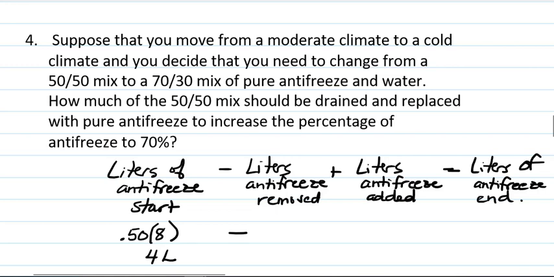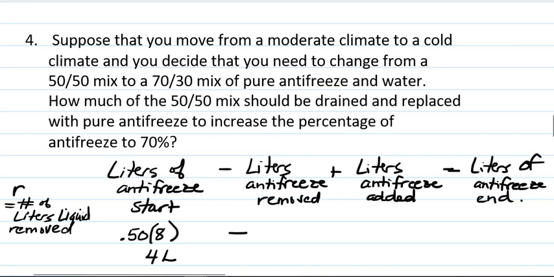We don't know how much that is, but I'm going to pick a variable to represent the amount of liquid that I'm removing, the number of liters of liquid. I'm going to call that R. R equals number of liters removed, liters of liquid. So this includes any water or antifreeze that's in the mix.